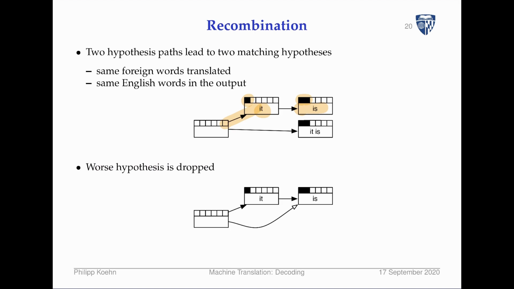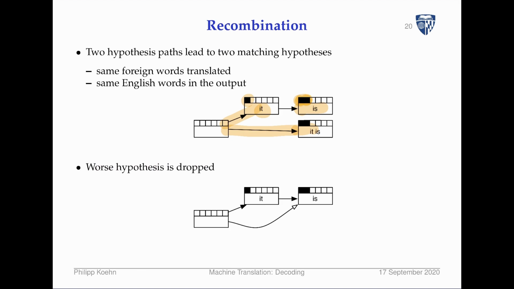So now the first 2 words are covered, and we produced it is. But we could also have just a phrase translation of the first 2 words into it is. Both are possible ways, and at this point these are really identical. So there's no point in pursuing both of these paths going forward.